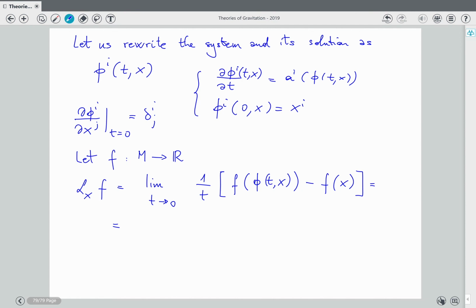And so that is df/dx_i calculated in this point times the derivative of phi_i with respect to t. But everything must be calculated at t equals 0.